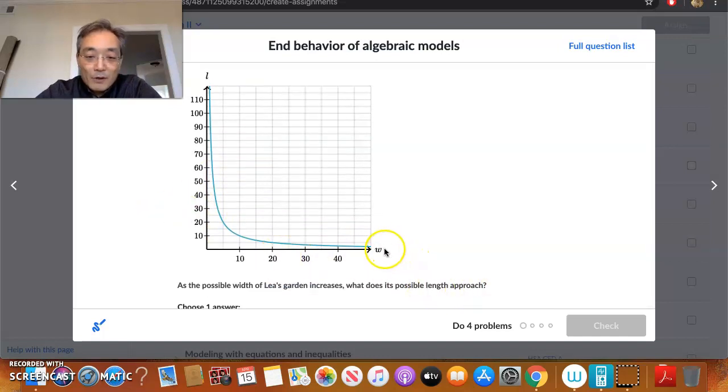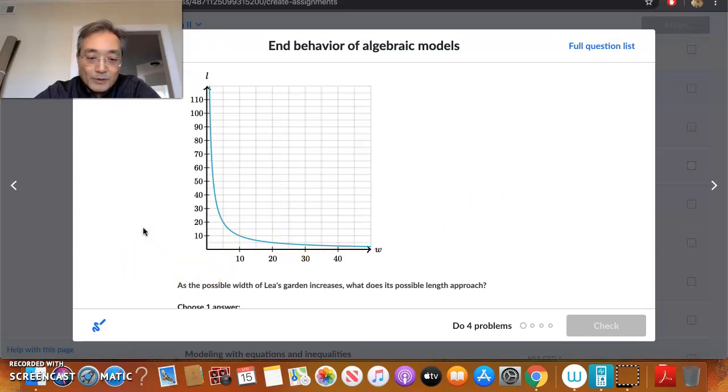But regardless of what the lengths and the widths are, the function has to give you the area of 100 square feet. So anywhere that you are on the function, if you take the length and the width at that particular point, the product of the length and the width must be 100. Let's take a look.